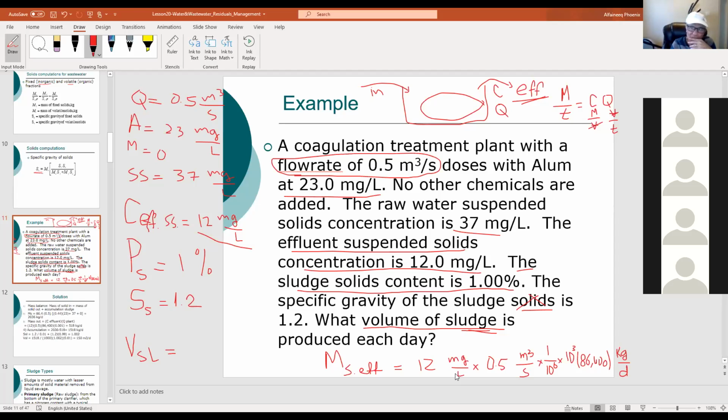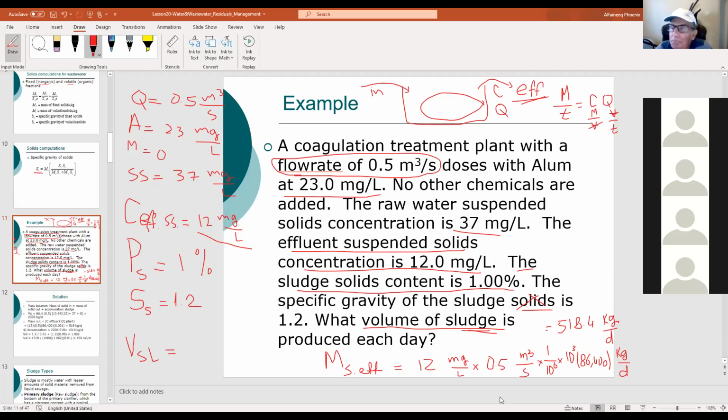Getting 518.4 kilograms per day. Okay, so the answer here is 518.4, you said? Yeah. Kilograms per day, right? Yep. Okay, that's good.